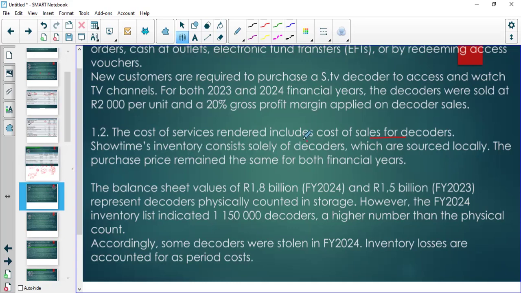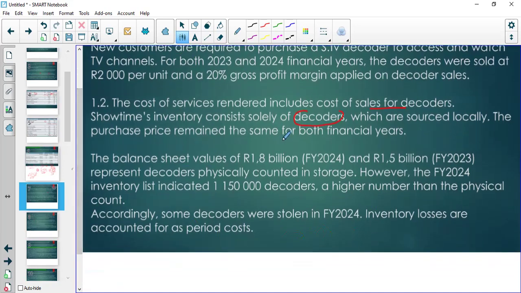The inventory is all decoders, and the purchase price remains the same. So this 1.8 and 1.5 represent decoders physically counted in storage. However, in the financial year 2024, the inventory list indicated 150 decoders, a higher number than the physical count. So it means that some decoders were missing. So there's an anomaly.